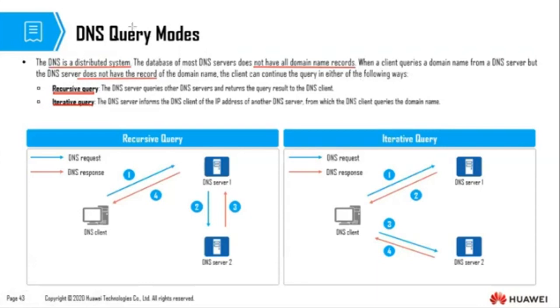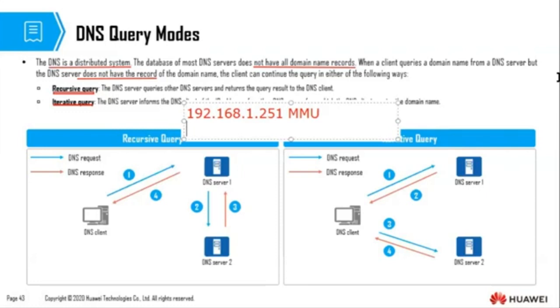So by distributed it means at MMU we have a DNS server. The DNS server is on, for example, 192.168.1.251. That's the IP address of the DNS server. So this is MMU.